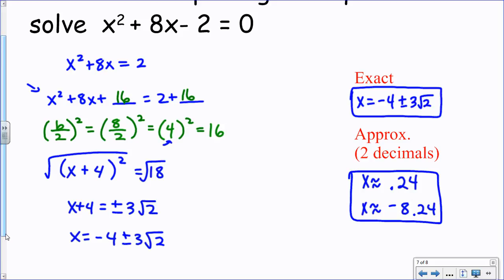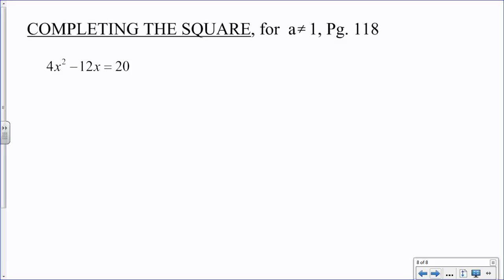All right, now we're going to look at a couple where we have an a value that's not 1. So we have to do that second step where we divide. So I already have step 1 done because I moved the constant. So 20 is already on the other side, so I don't have to start with that.